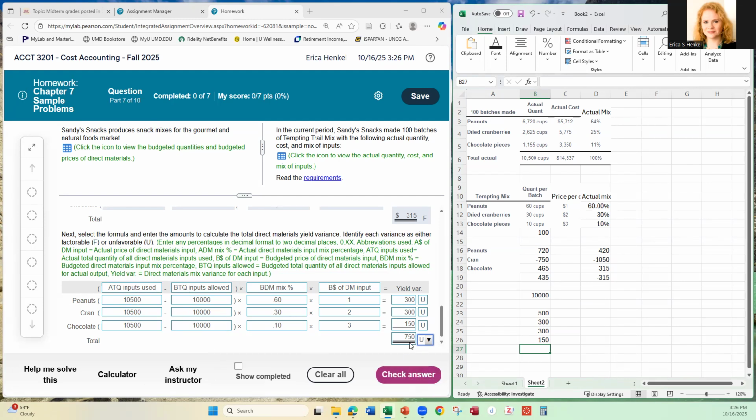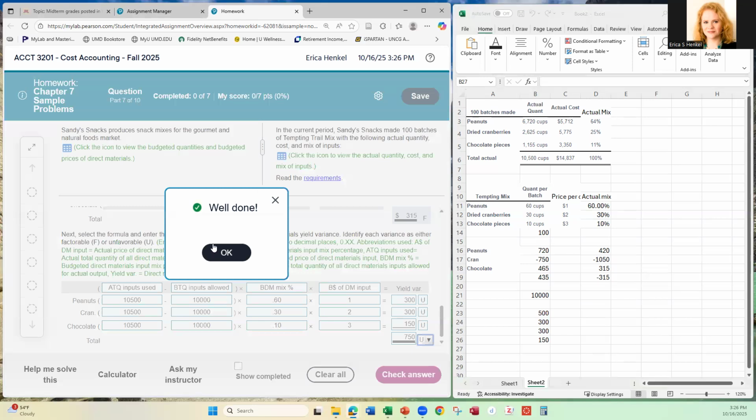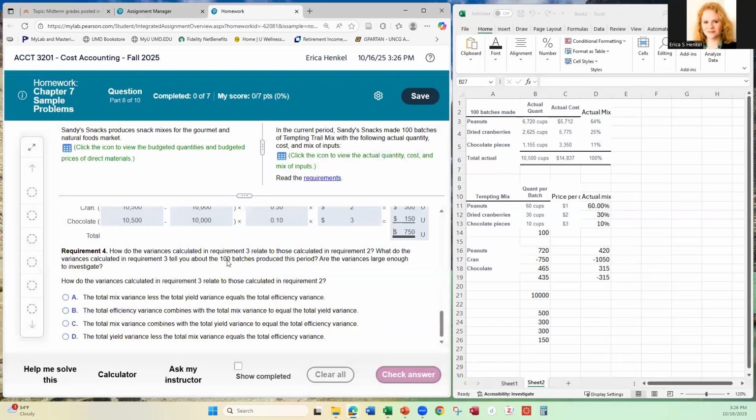So that gives us a yield variance of $750 unfavorable here.